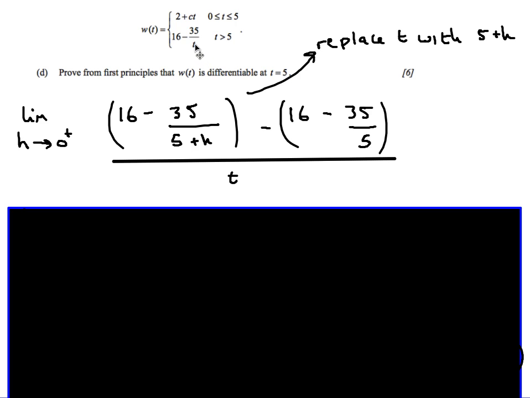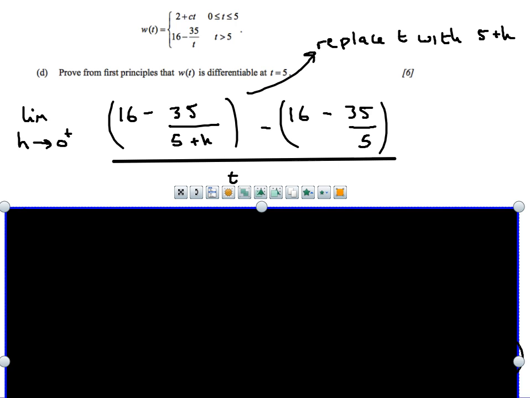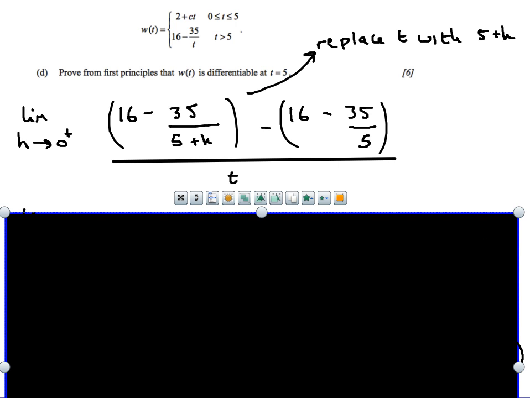So as before, I've replaced the t with 5 plus h, because I'm looking at the point t equals 5, and then I've replaced the t here just with the 5. So I get this function here, 16 take away 35 over 5 plus h, take away 16 minus 35 over 5. Hang on, that should be here, all over h.